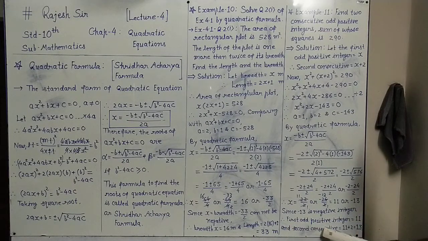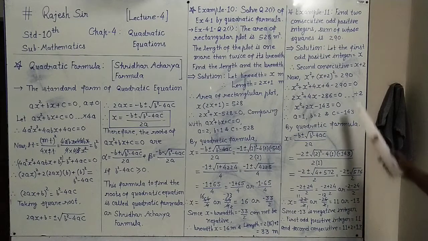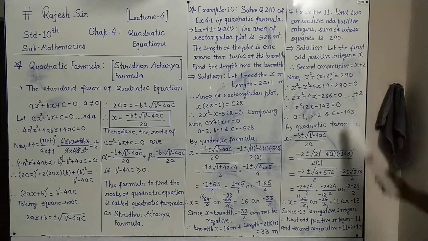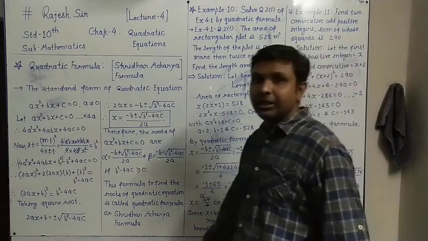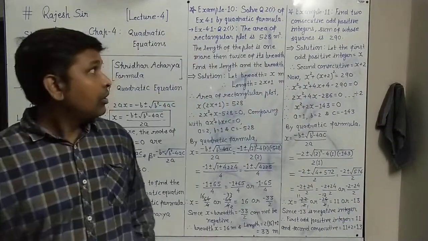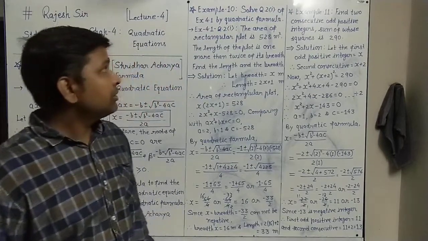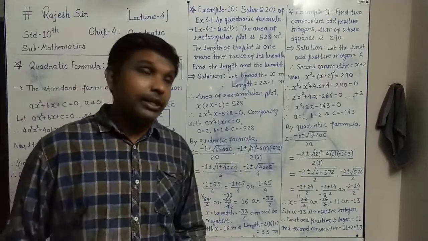So our first odd positive integer is 11, x equals 11, and the second consecutive is x plus 2, so 11 plus 2 is 13. This way, 11 and 13 are the two odd positive integers asked for in example 11.